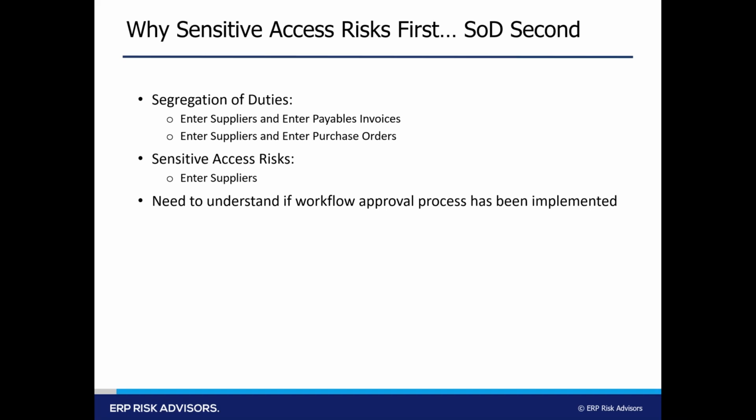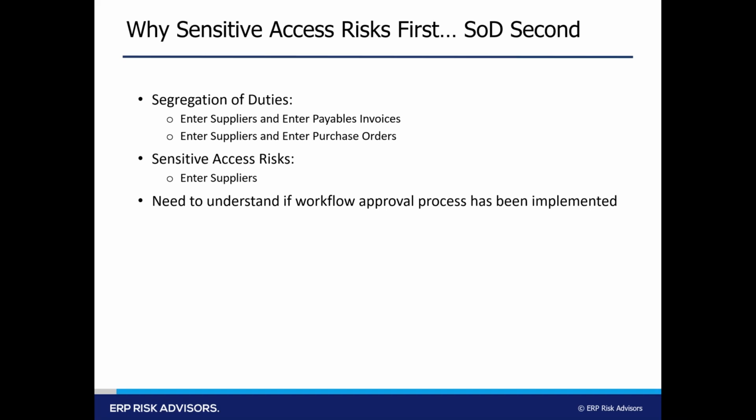When we get into SOD conflicts, like enter suppliers and enter payables invoices, if there was no workflow for either one of those, somebody could enter a supplier with no workflow, basically setting up a fictitious supplier, and they can enter an invoice with no workflow, basically entering an invoice against a fictitious supplier. That allows somebody to commit fraud.